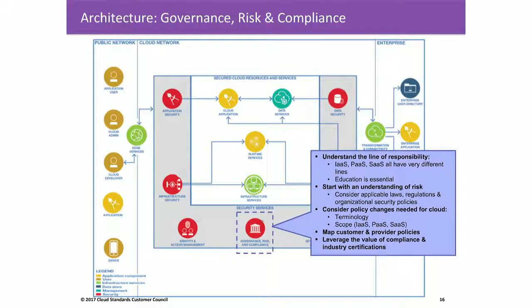So again, ISO certifications, SOC 2, Cloud Security Alliance, all those types of things are absolutely essential in the governance, risk, and compliance space for cloud because they're the common language that you can use to truly put all the disparate pieces of a cloud together and use common terms to talk about it.